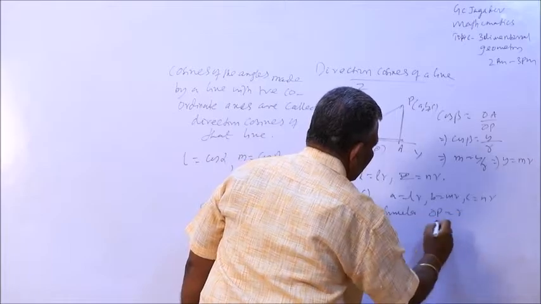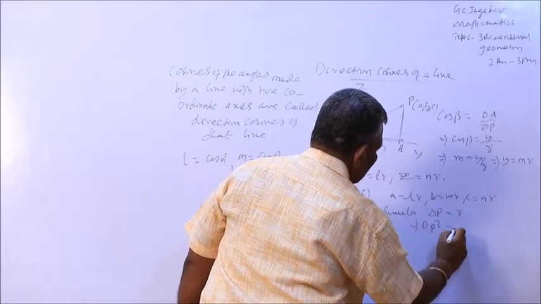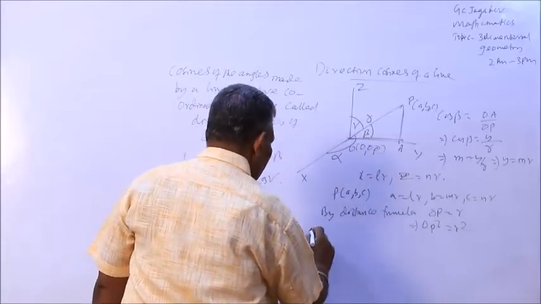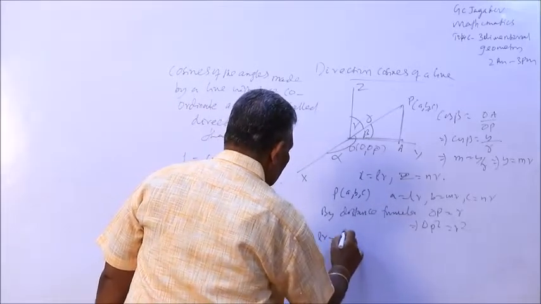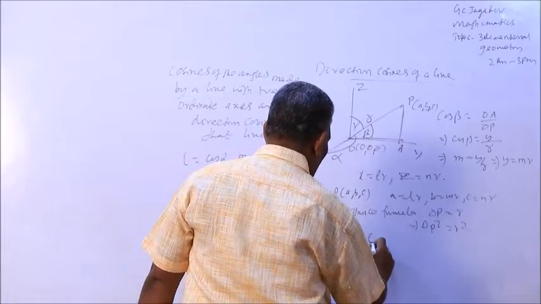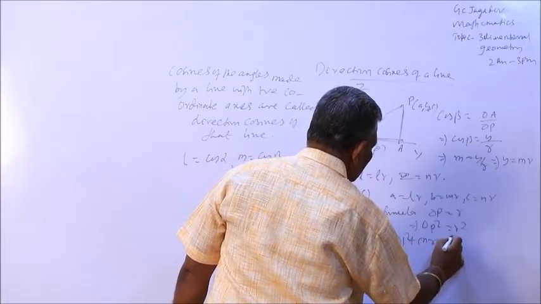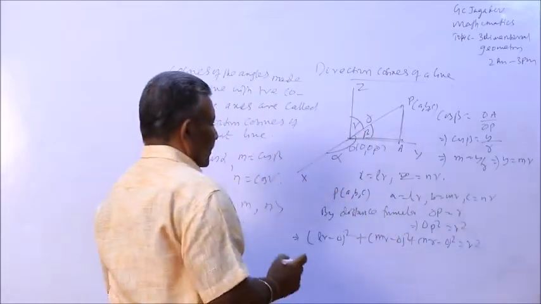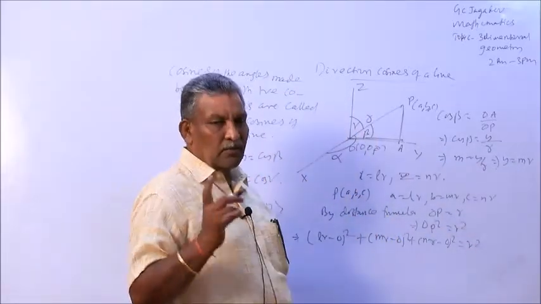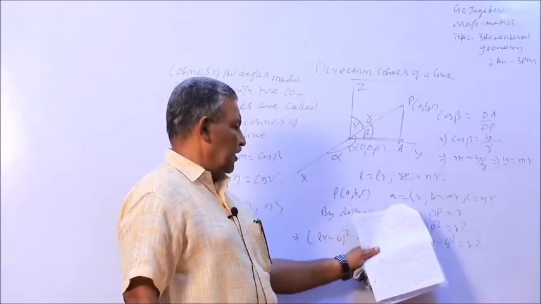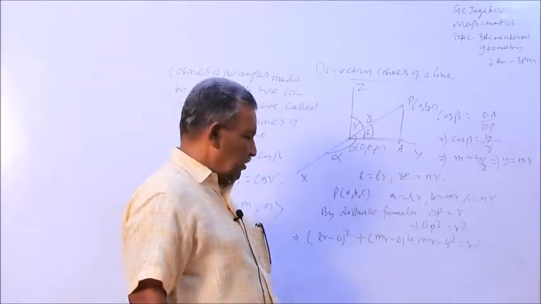OP equal to R implies OP square equals R square. What is your OP square? LR minus 0 whole square plus MR minus 0 whole square plus NR minus 0 whole square equals R square, because you can take also A minus 0 whole square plus B minus 0 whole square plus C minus 0 whole square. What is your A? A equals LR, B equals MR, C equals NR.